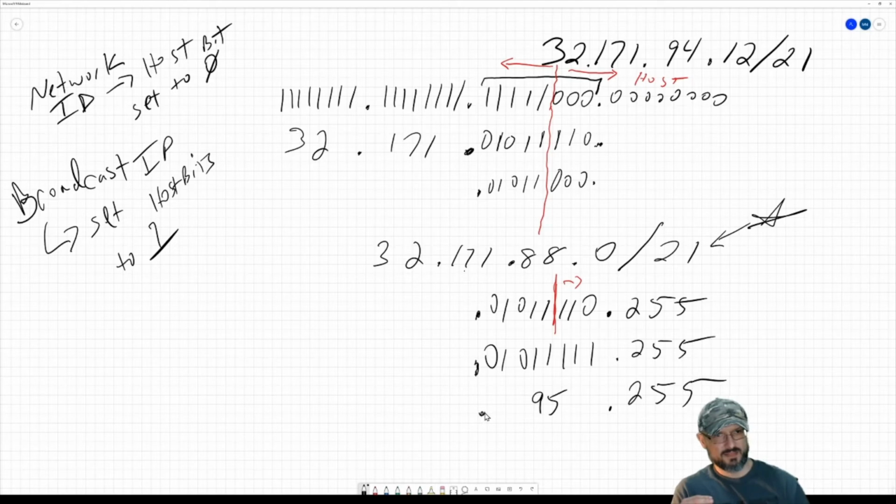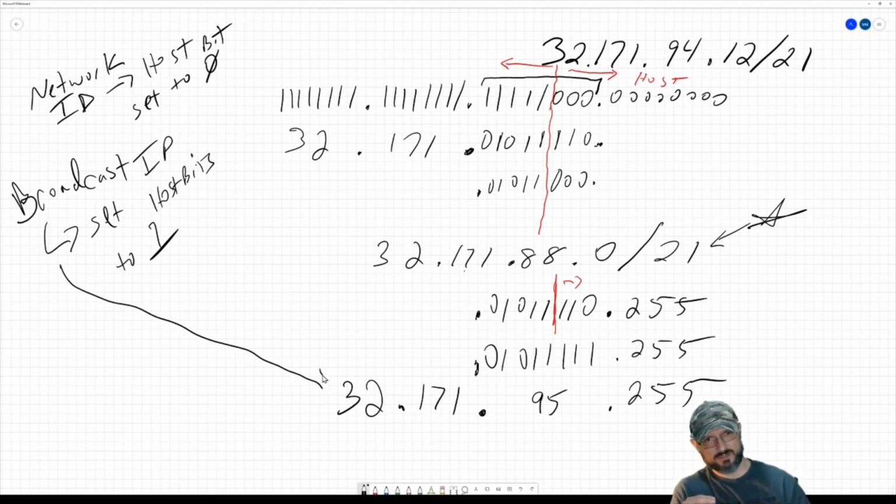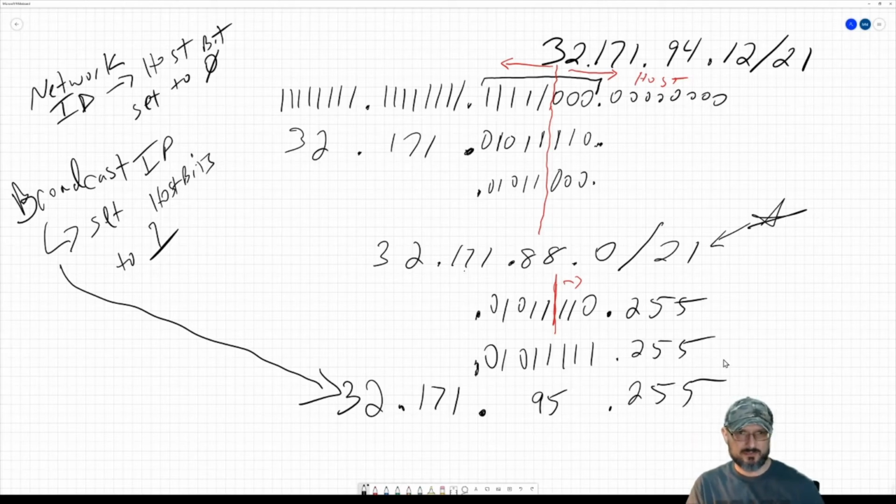255. We just bring these numbers down because they are completely masked out. This, the broadcast IP. Boom. And you don't need the mask. Why? Because this is an IP address. This is not meant to signify a network.